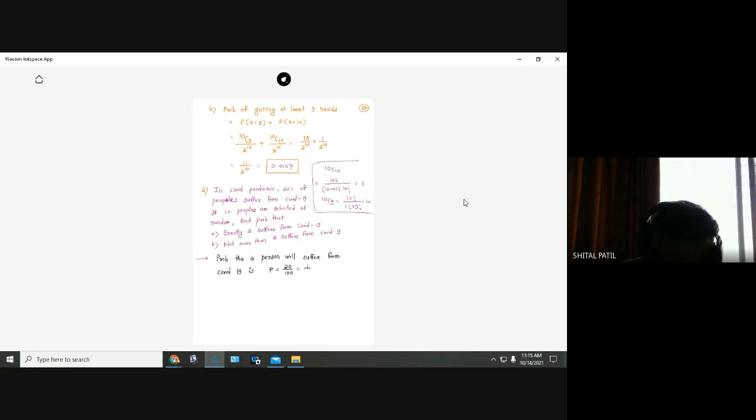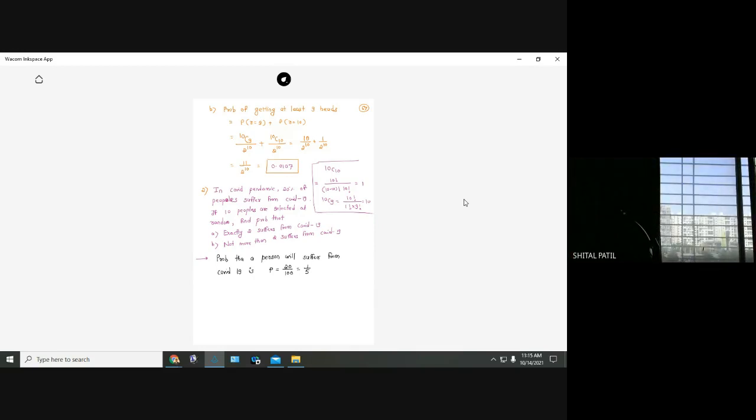So 1 upon 5. That is, out of 5 persons, 1 person will get affected from the pandemic. Now what will be Q? Now what is the probability that a person will not suffer? 1 minus P, isn't it? 4 by 5. One minute only. You write the formula for probability distribution.